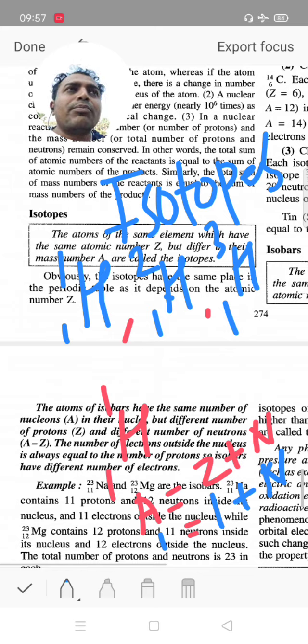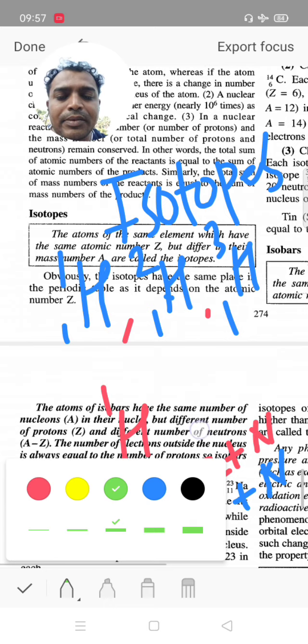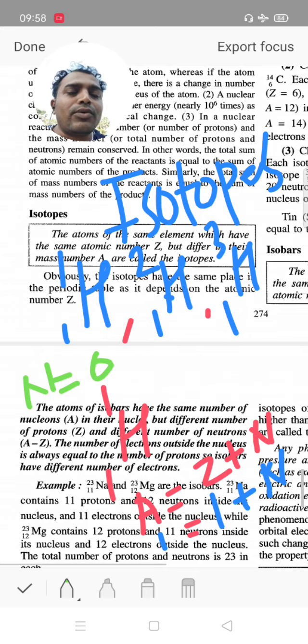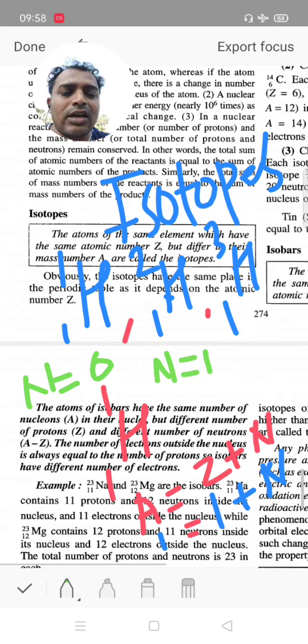So protium contains 0 neutrons. In deuterium the number of neutrons is 1, 2 minus 1 is 1 neutron, and tritium has N equal to 2, meaning 2 neutrons present in tritium.